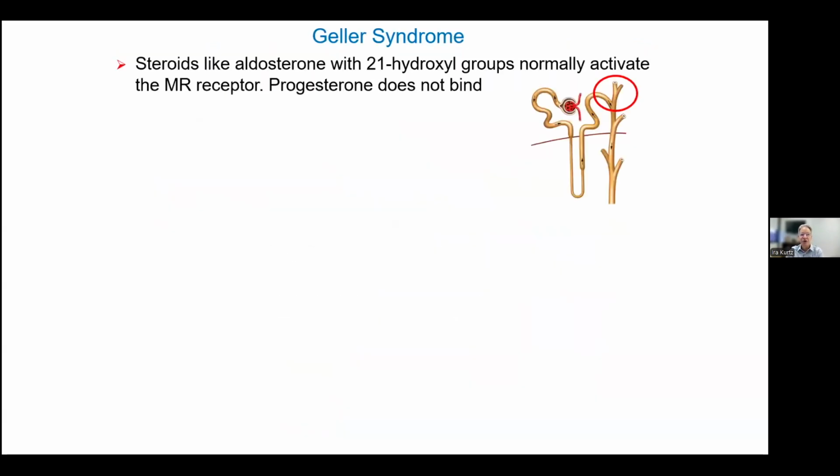So in Geller syndrome, it's due to a mutation in the mineralocorticoid receptor. Normally, aldosterone has a 21 hydroxyl group. The 21 stands for the carbon atom. It's hydroxylated. Those are what activate the mineralocorticoid receptor. Progesterone doesn't bind because its 21 carbon atom doesn't have a hydroxyl group.